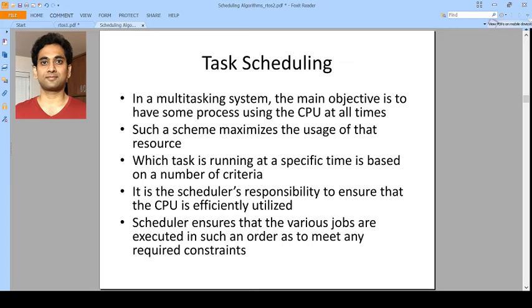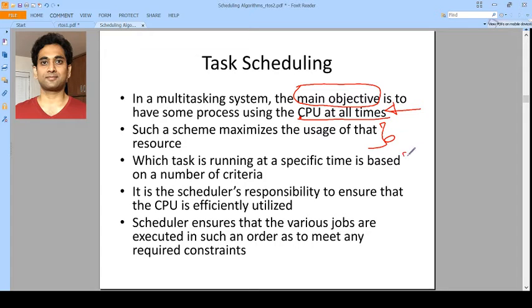So in a multitasking system, the main objective is to have some process using the CPU at all times. We want to, like I mentioned earlier, minimize CPU idle time. Such a scheme maximizes the usage of this resource, the CPU or processor.